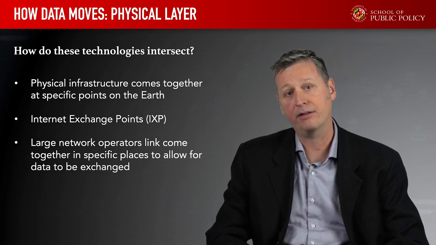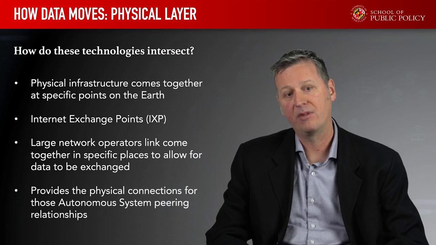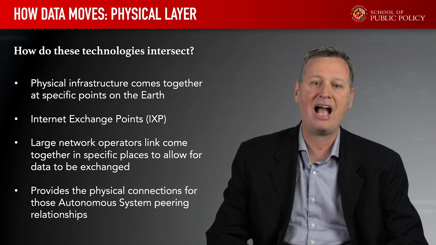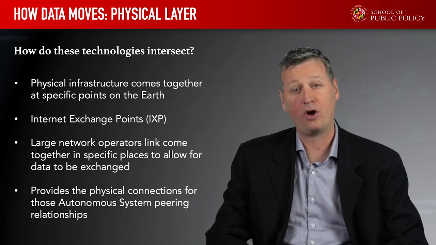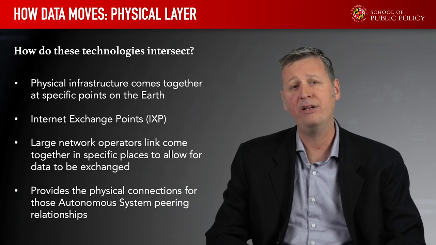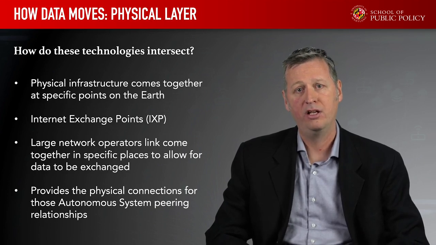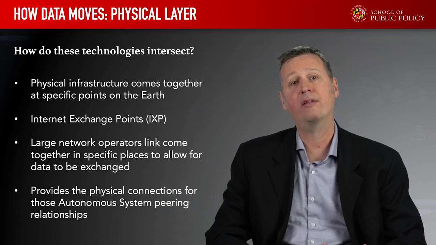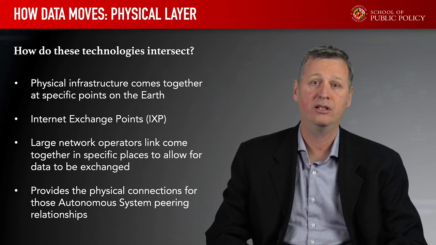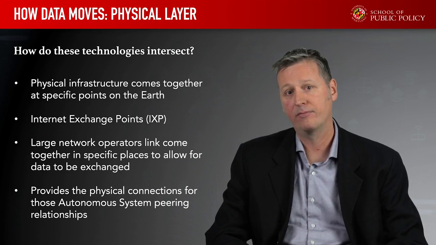They come together. This provides the actual physical connections. And it allows those autonomous systems that we talked about in the previous episode to provide the logical routing. So the physical connections at the IXP works with the peering relationships for the autonomous systems.